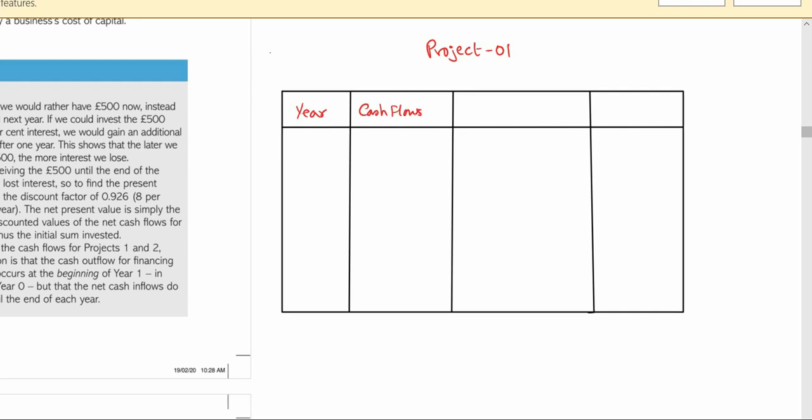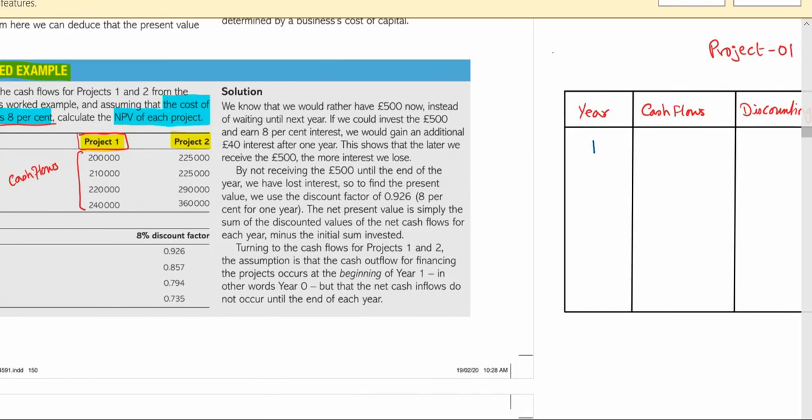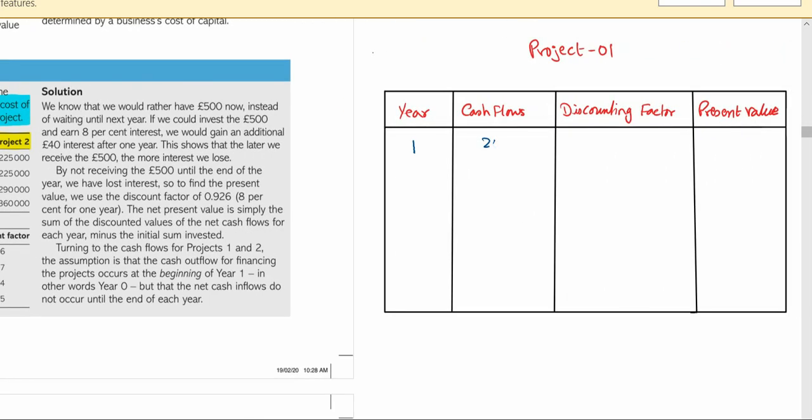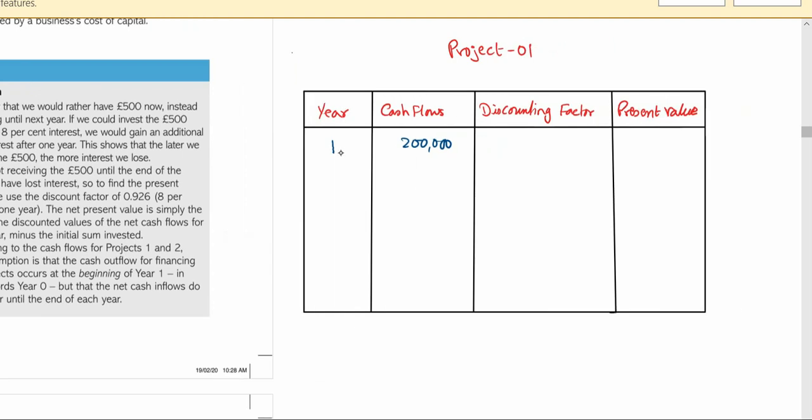Then this is the discounting factor, we can say, and this is the present value. For example, for year 1, cash flow is 200,000. Now we are going to calculate the present value at year 0.